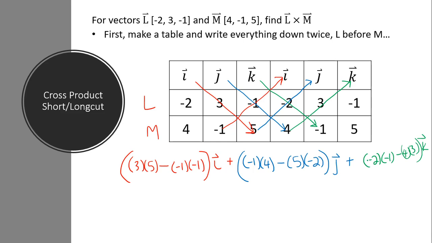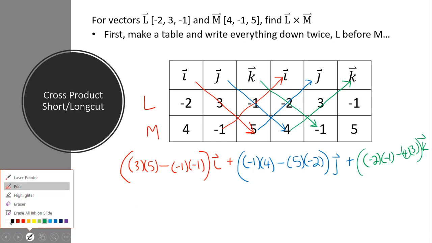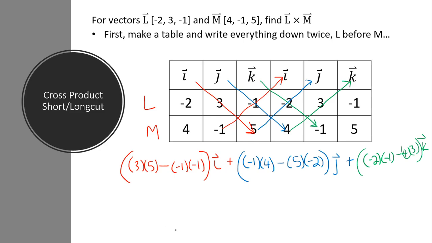There we go. Okay, so when we do all that math, you should hopefully get 15 minus 1, 14i. And then you're going to have -4 plus 10, 6j.